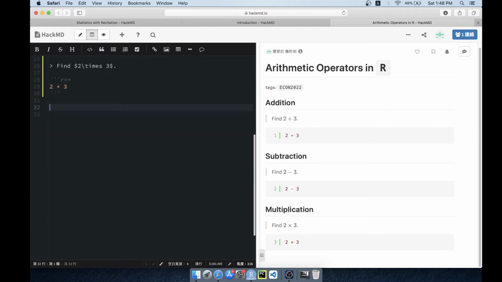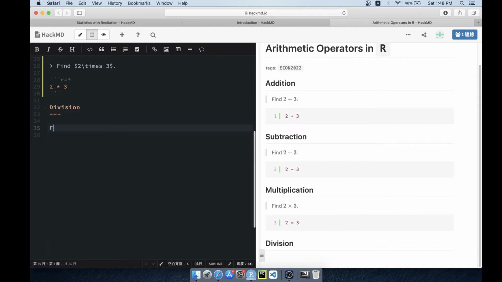And next, we discuss the division. We consider 2 divided by 3.